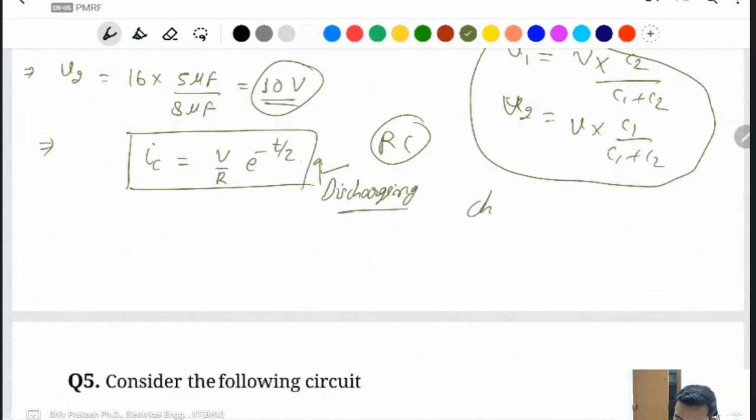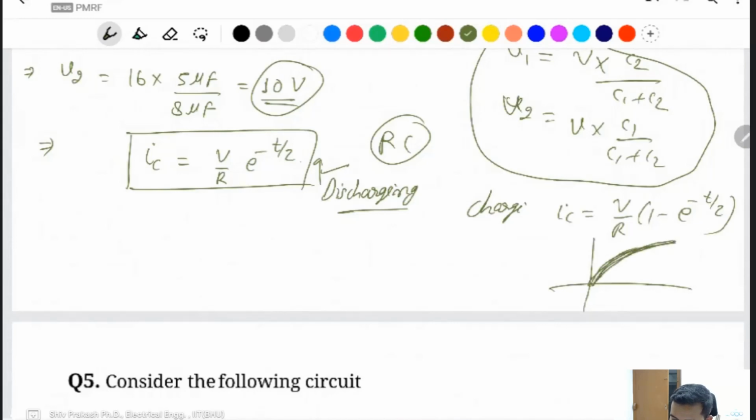But a charging current equation is IR equals V by R into 1 minus e power minus t by tau. This one is an initially charged capacitor, right?